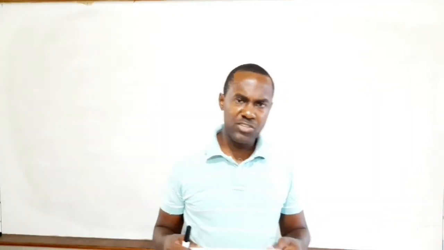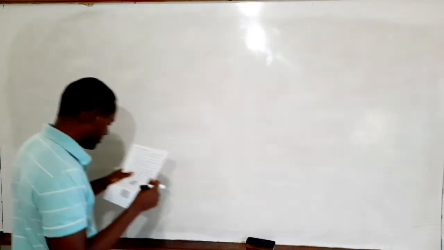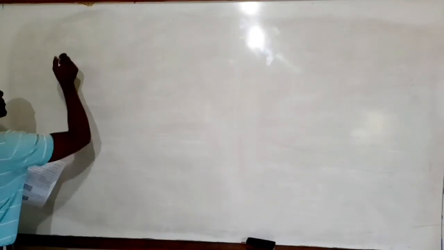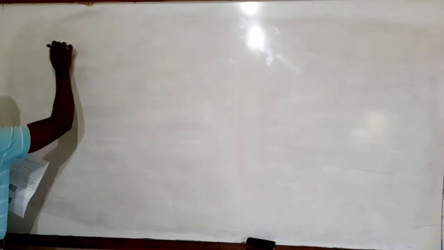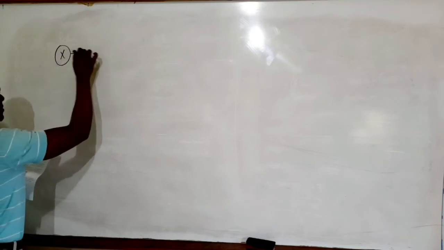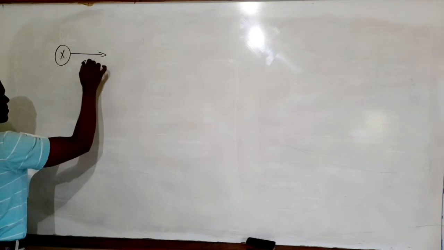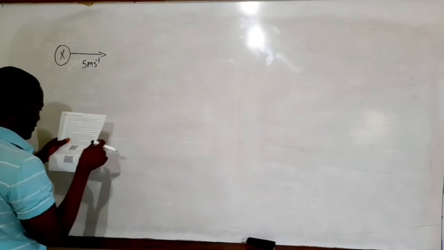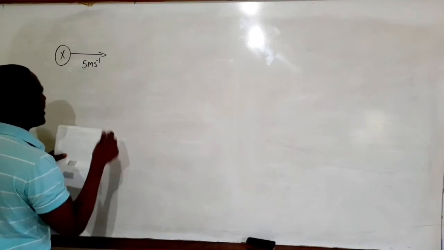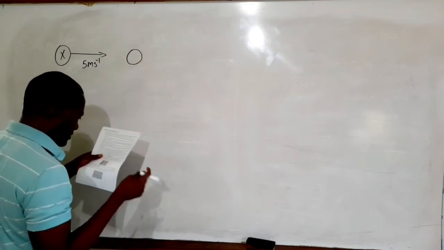And we're given a diagram to represent this situation, and so I will draw the diagram, right? So we have a ball X, snooker ball X, moving with a velocity of 5 meters per second, right? It's going to collide with a ball Y, which is initially stationary, right?